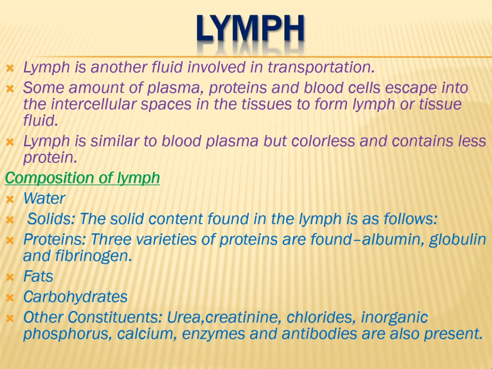Substances like fats, carbohydrates, urea, creatinine, chlorides, inorganic phosphorus, calcium, enzymes, and antibodies are also present within lymph. So this is the composition of lymph and what lymph is.